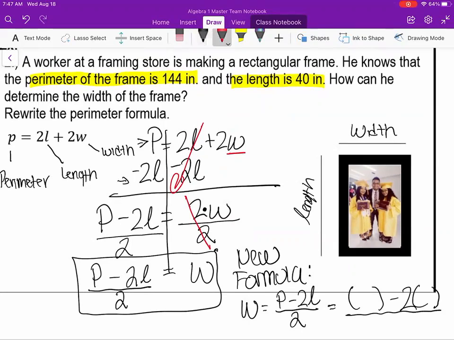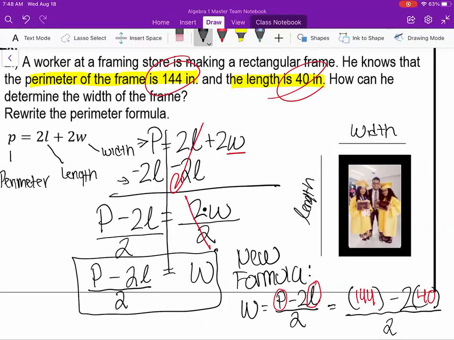Well, what's my P value? My P value is my perimeter, and it's letting me know that the perimeter is 144. So I'm going to plug in 144 in for P. I also got to figure out what my L is. My L is the length, which is telling me that the length is 40 inches. So I'm going to plug in 40 right there. And then remember, there's a 2 on the bottom, so I'm going to divide everything by 2.